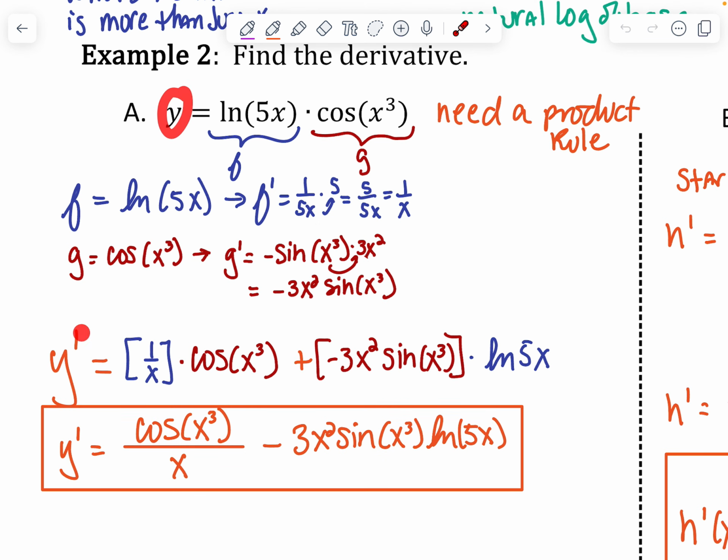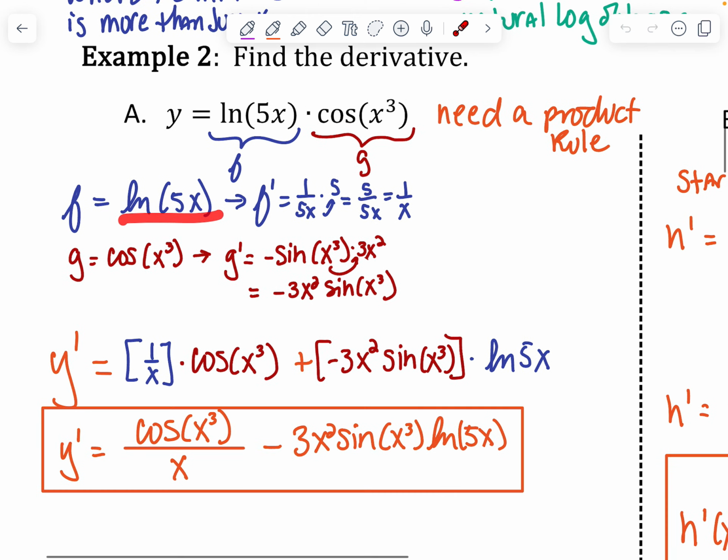So taking the product rule for the derivative, I have f prime, which we found to be 1 over x, times the original g, cosine of x cubed. We always add for a product rule, g prime, which I already found, times f, which came in the original question.